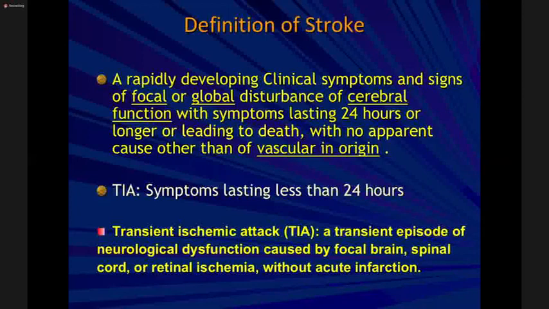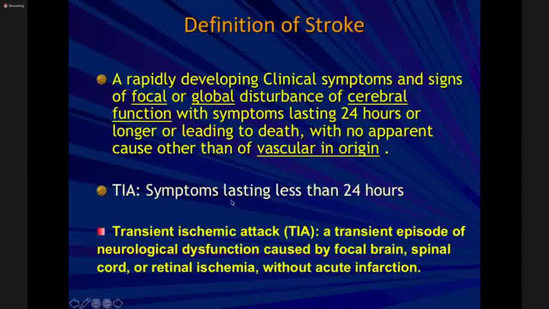But now, with advanced technology like MRI, we know that if symptoms lasted even more than an hour, those patients are left with infarcted cells, though they completely improve. Therefore, nowadays it is important to have an MRI with special resolutions, which helps us differentiate infarction from ischemia to diagnose a transient ischemic attack.